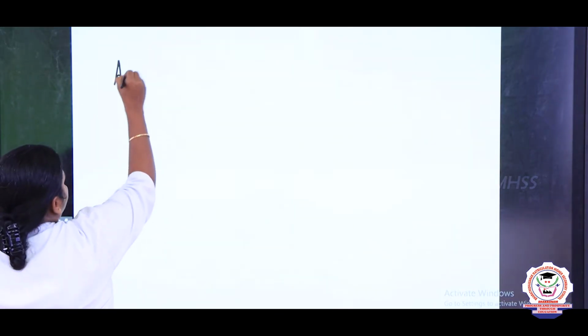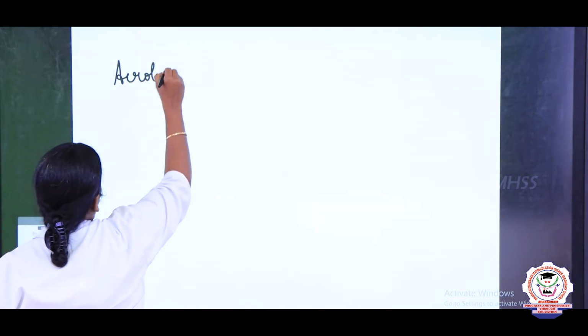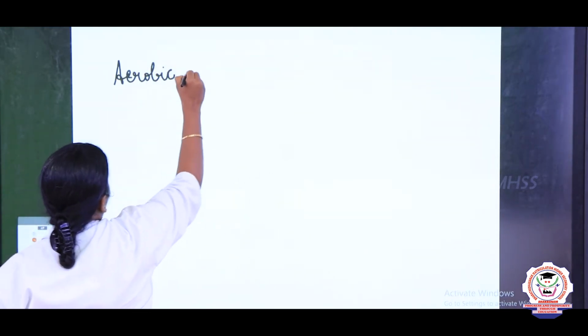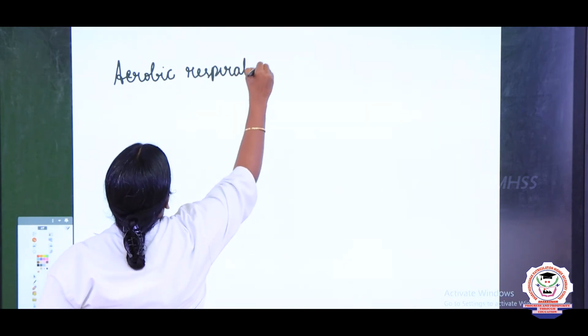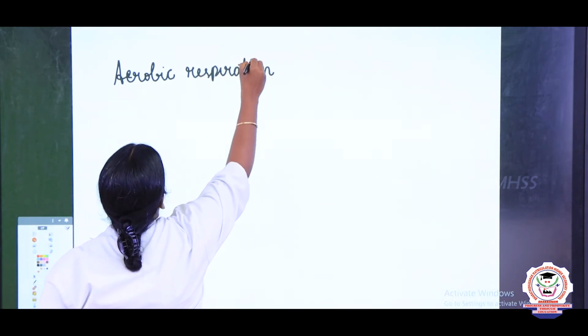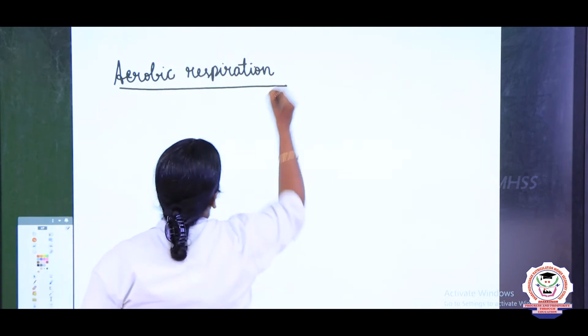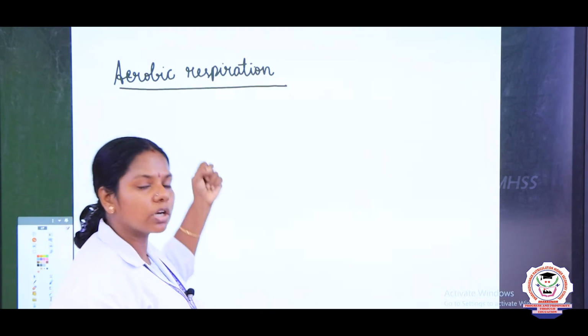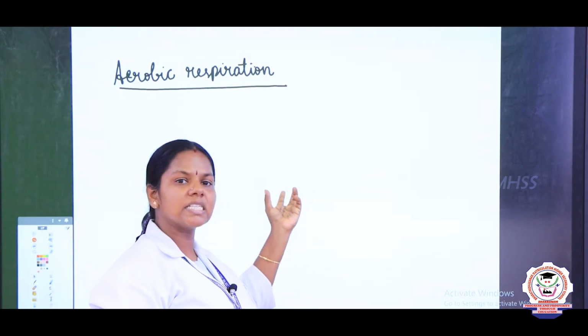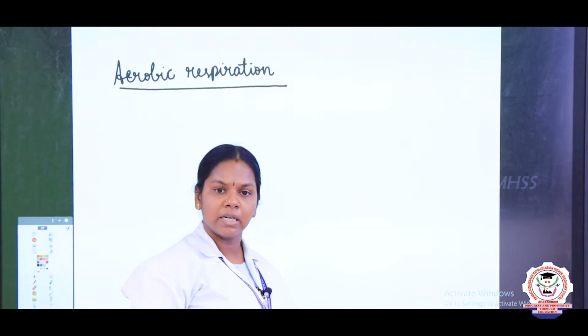First we are going to see what aerobic respiration is. The main thing is that it involves oxygen, right? And what are the products? It releases carbon dioxide, water and energy.